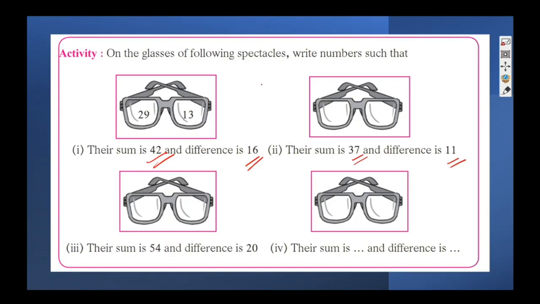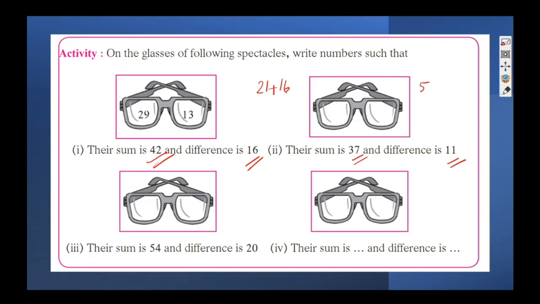What will we do? To get 37 we will write 21 plus 16 is equal to 37. But the difference of 21 and 16 remains 5, that will not work. So the difference should be increased. One should be made big and the other should be made small, right? So that the difference will increase.